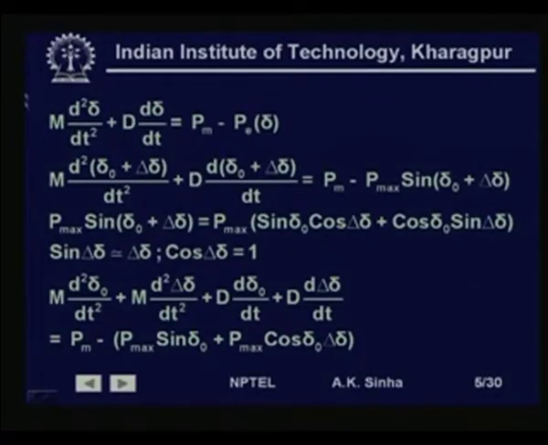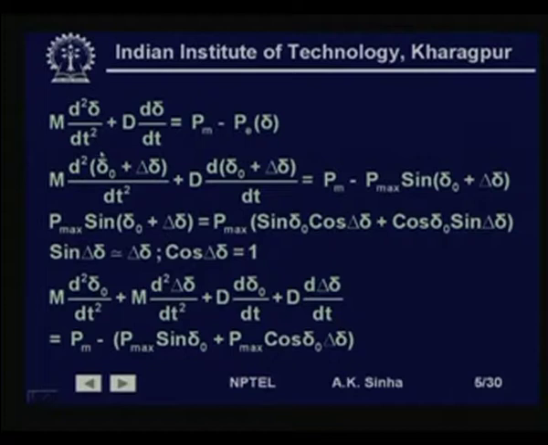So, now again writing the same expression, M d2 delta by dt2 plus D d delta by dt is equal to Pm minus Pe, which is a function of delta. Now, we say that delta is being perturbed by a small amount from delta 0. So, we can write this delta as delta 0 plus delta delta.